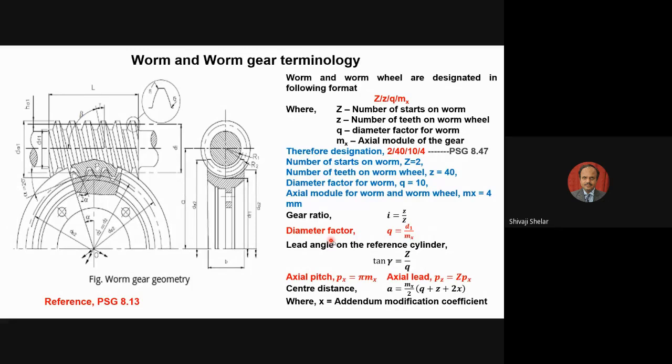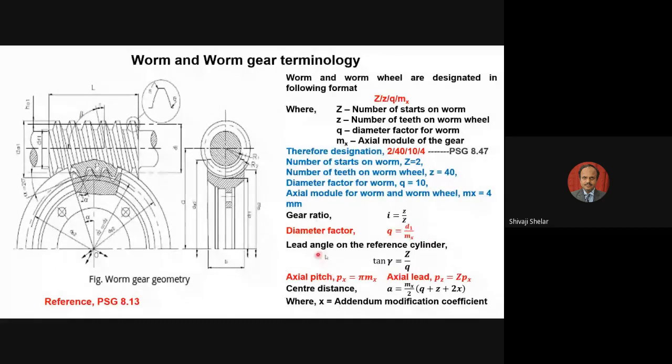Then the diameter factor I have told here, Q is equal to D1 by MX. D1 is the reference diameter of your screw, which is also called pitch diameter, but it is called reference diameter. MX is your axial module of the gear. So MX, the axial module here, is 4. Your Q here is 10. So D1 will be 10 into 4, 40 mm.